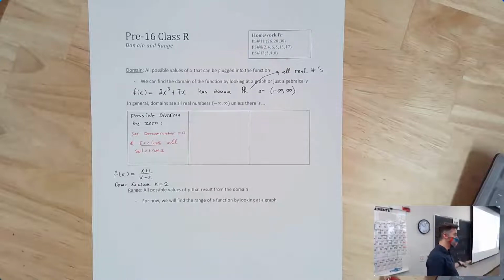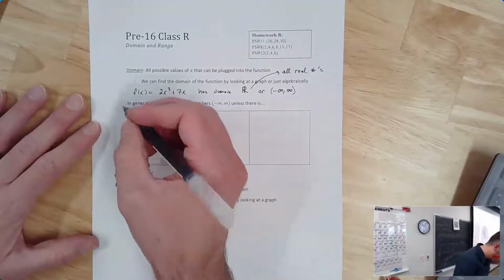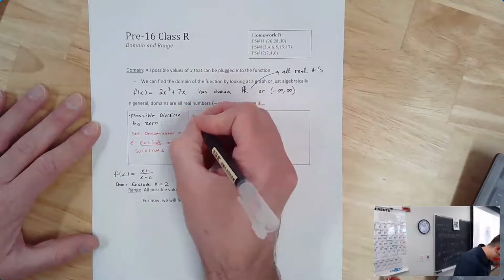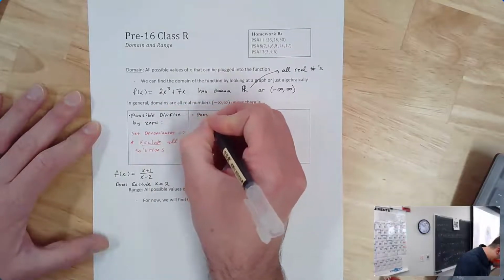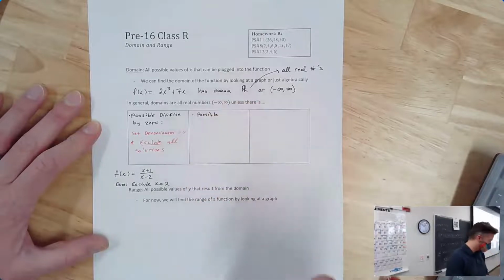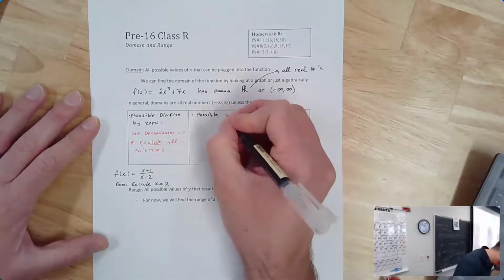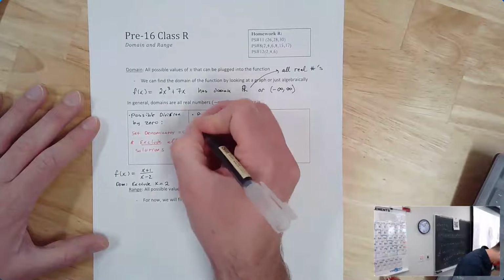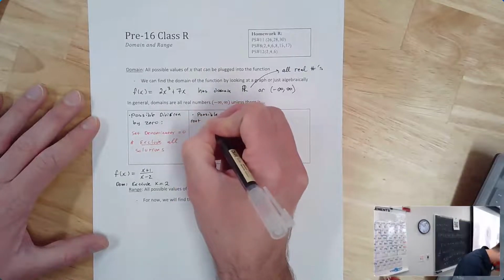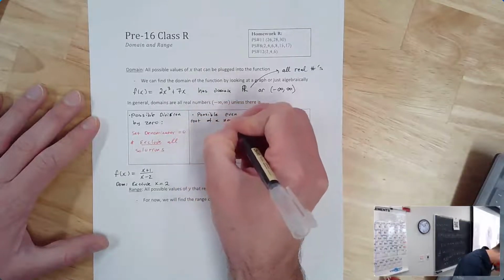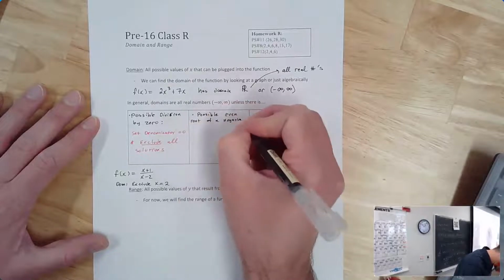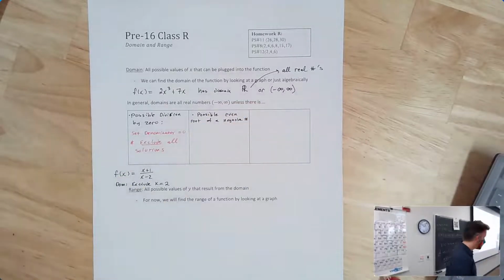The next thing is possible, I should say, instead of just square root, possible even root of a negative number. So we can't take the square root or fourth root or sixth root or 1,000th root or any even root of a negative number.